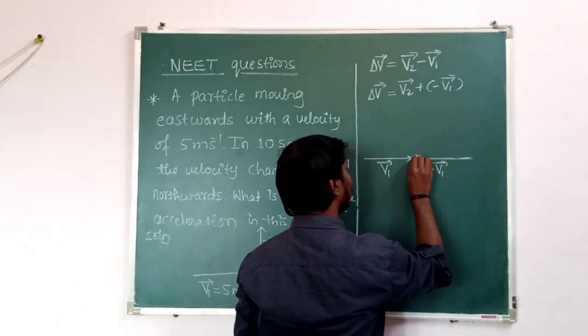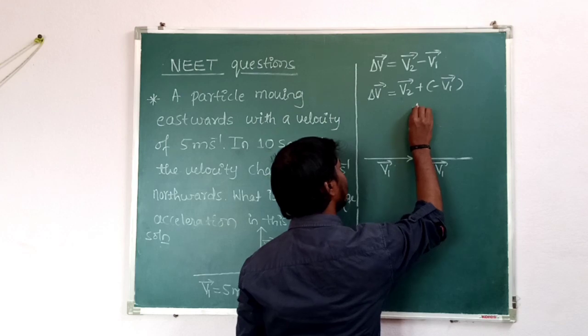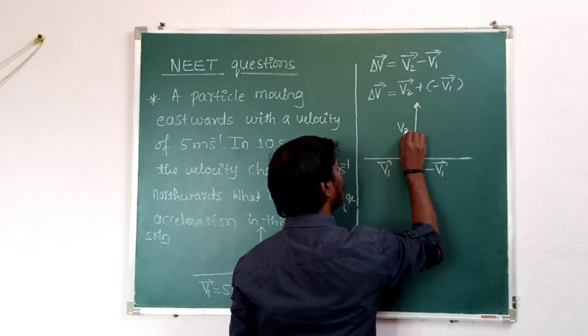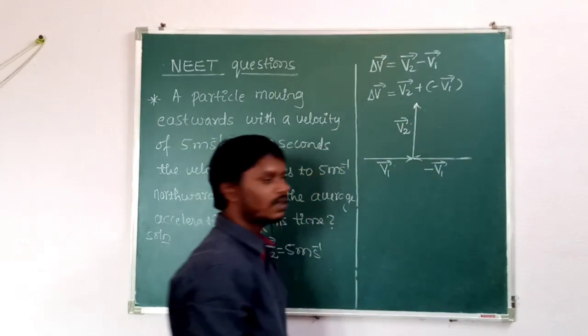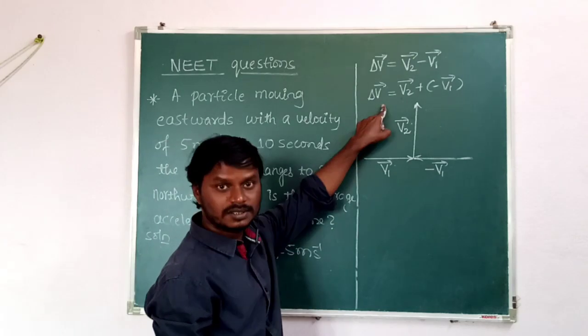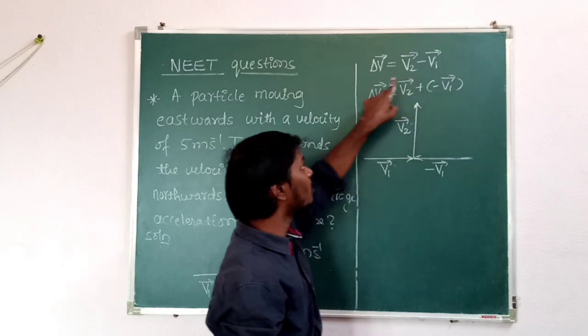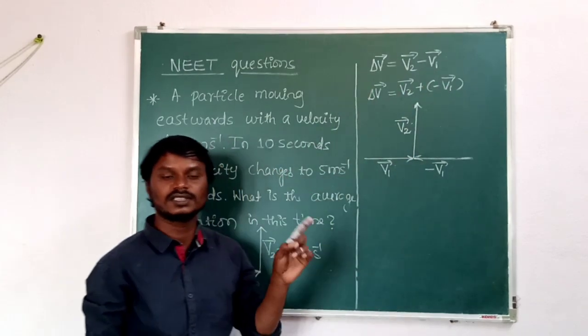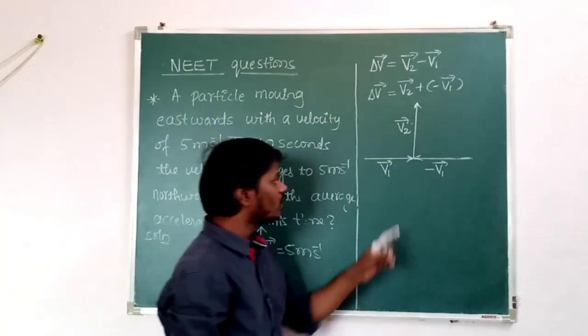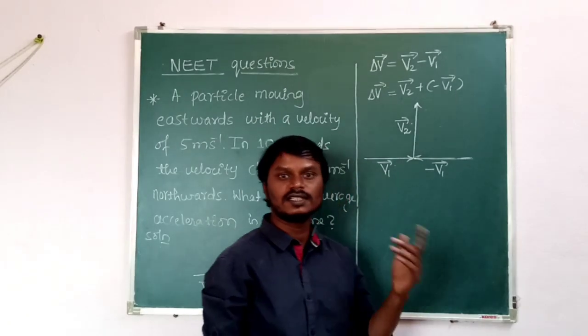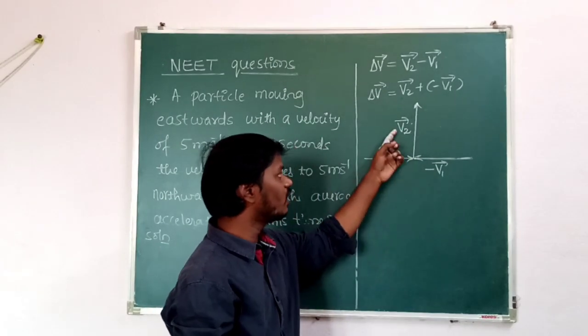So we are going to take plus V2. And according to this equation, the sum of two vectors taken in the same order is equal to the vector which is taken in the opposite order. In this diagram, which are taken in the same order? Minus V1 and V2.